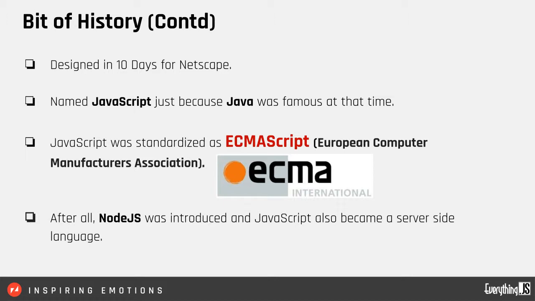Say in the JavaScript spec, how does variable declaration work? How do operators work? Everything, all the details down to the minor level, is documented here in ECMAScript. There is a link, you can visit that and read about how everything works.